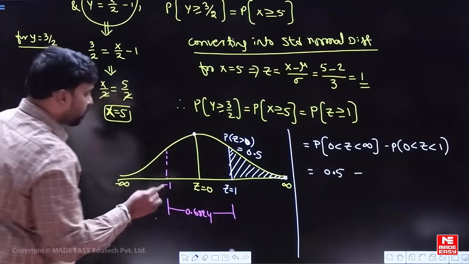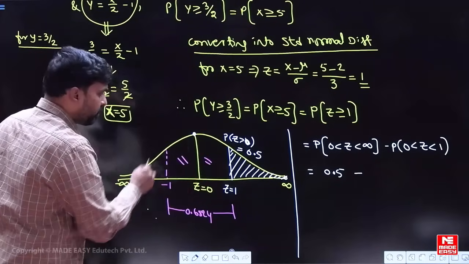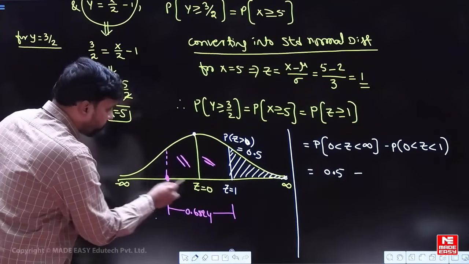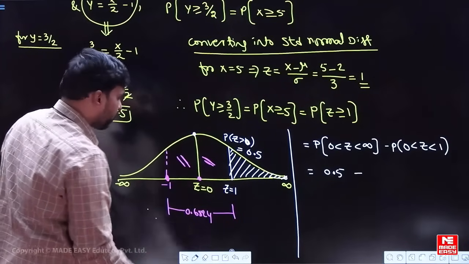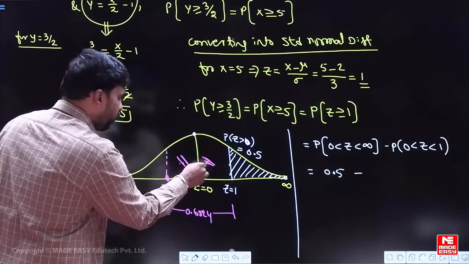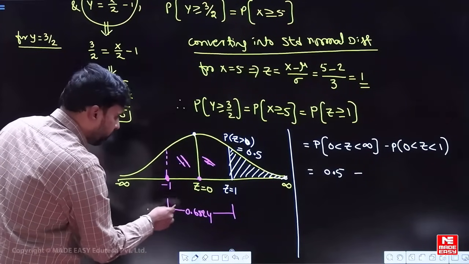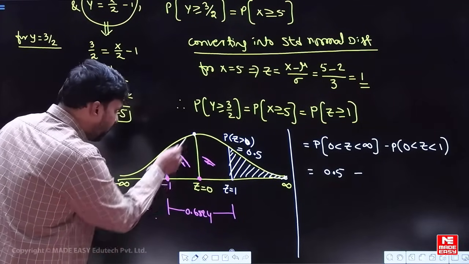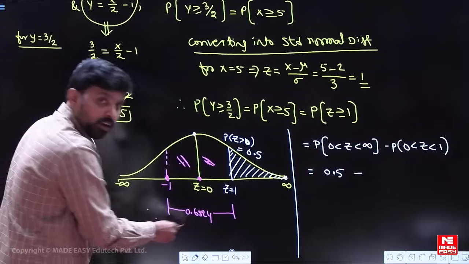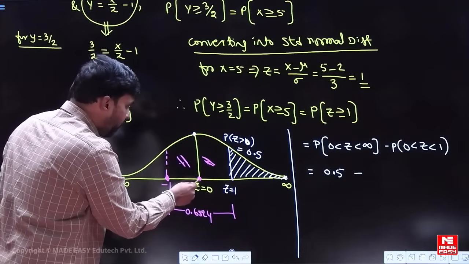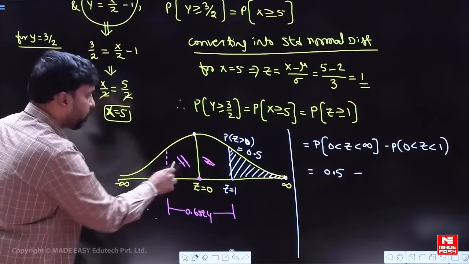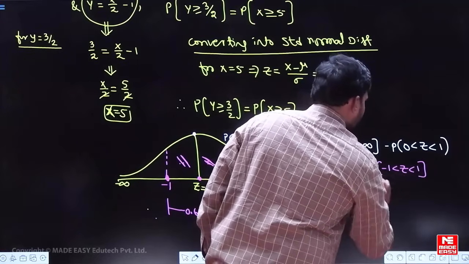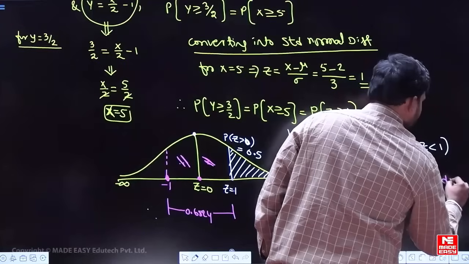Since this curve is symmetric about z equal to 0, the area from minus 1 to 0 and the area from 0 to 1 are the same. So if you want the area from 0 to 1, it is exactly half of it, the probability from minus 1 to 1 divided by 2, due to symmetry.